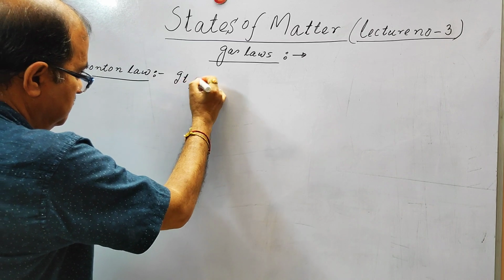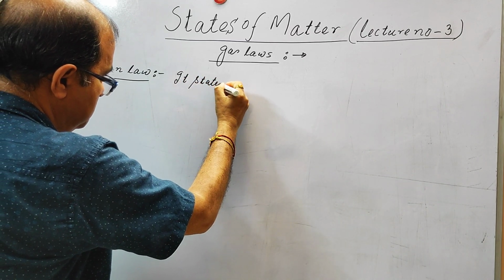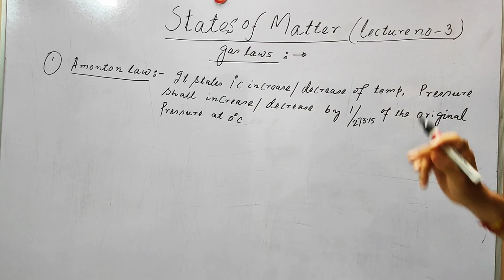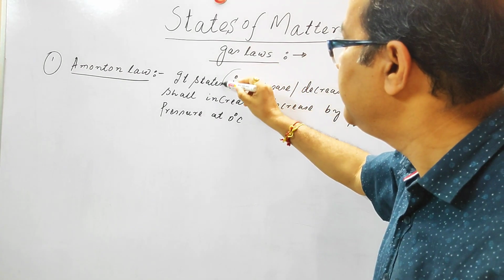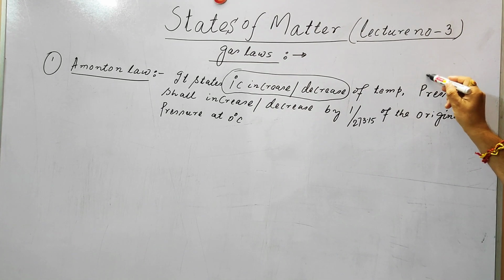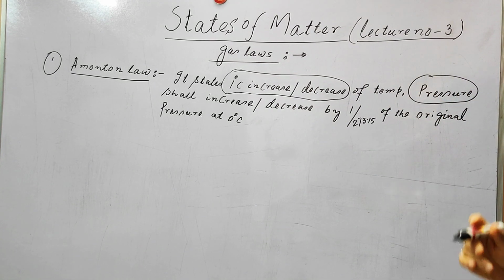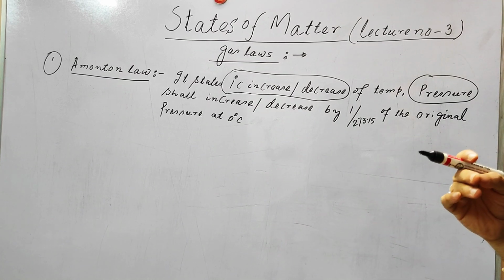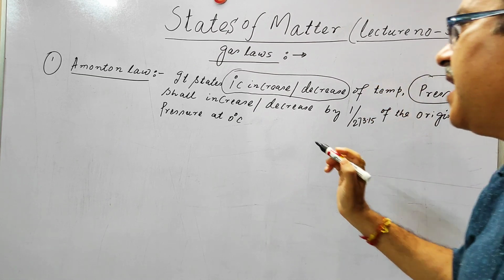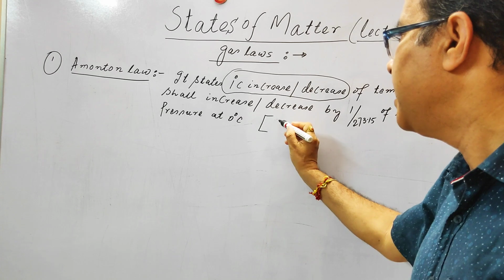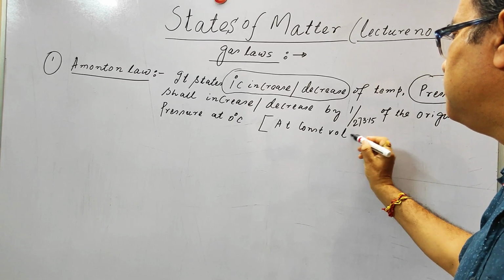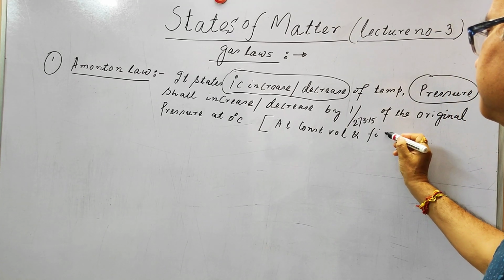It states that for a 1 degree increase or decrease of the temperature, the pressure will increase or decrease by 1 by 273.15 of the original pressure at 0 degree Celsius, at constant volume and for a fixed amount of gas.